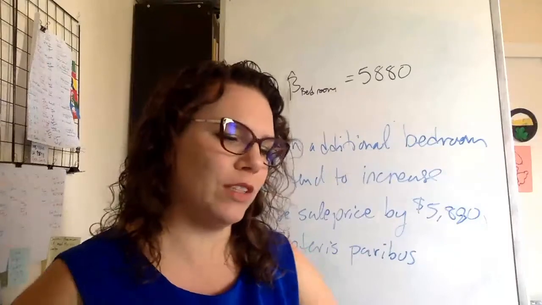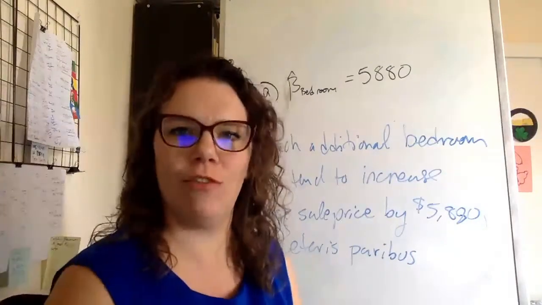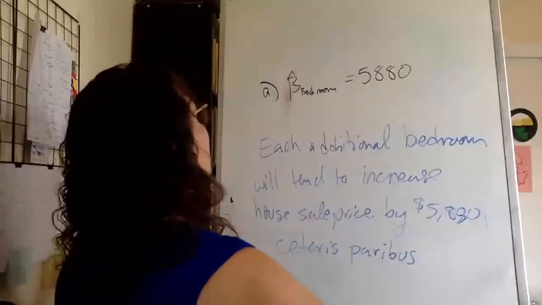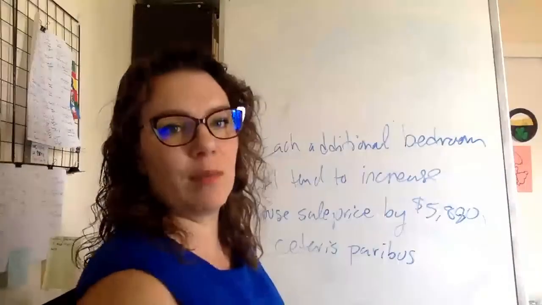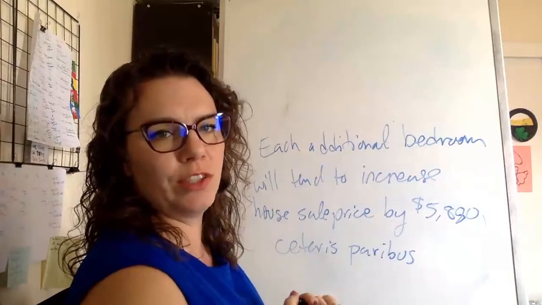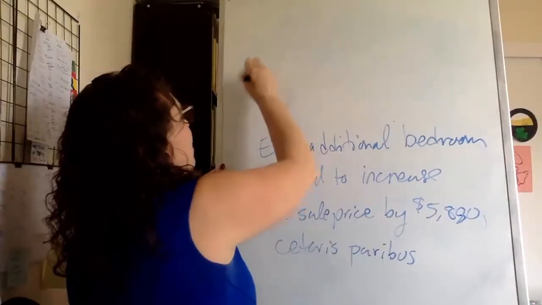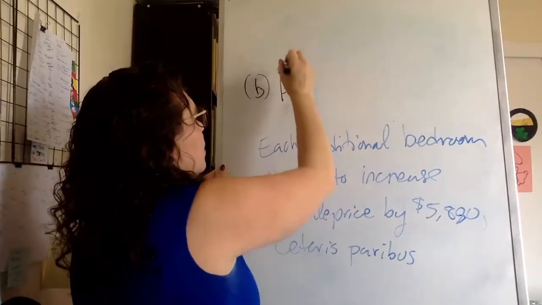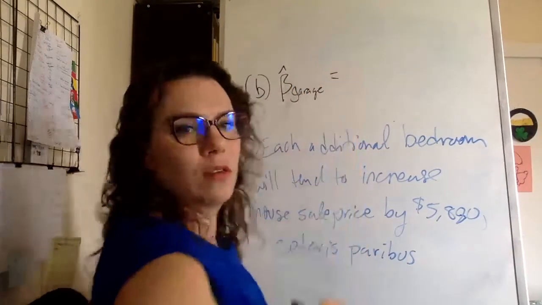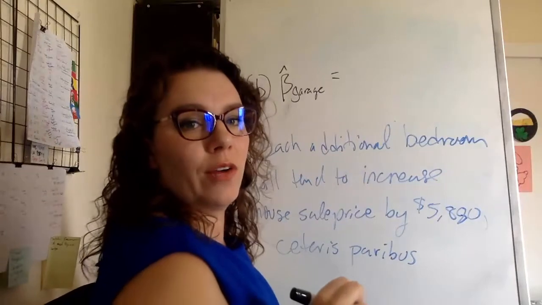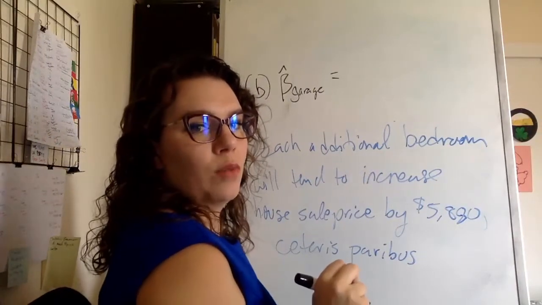What about if we want to interpret the coefficient for the dummy variable garage? So the estimated coefficient for garage is $4,441.268.